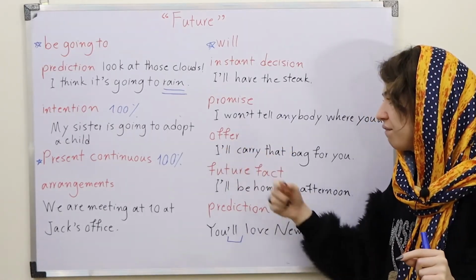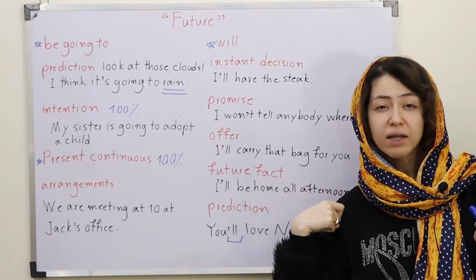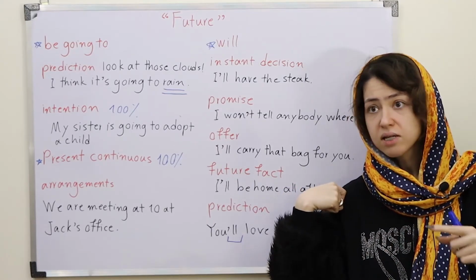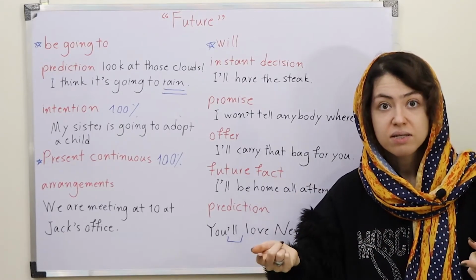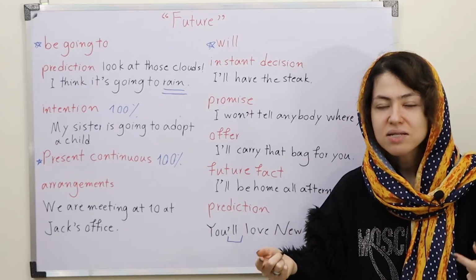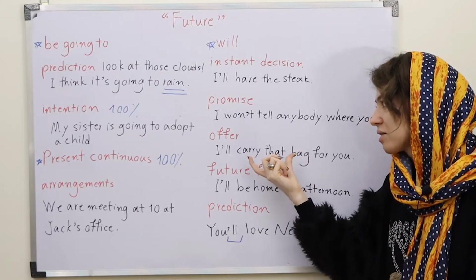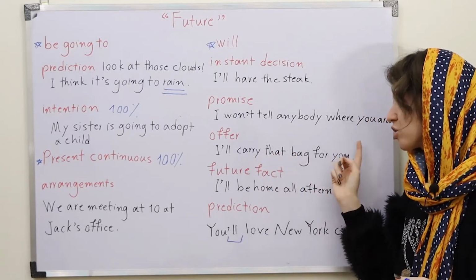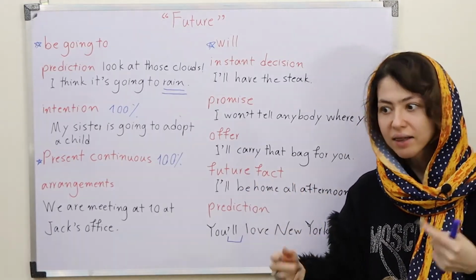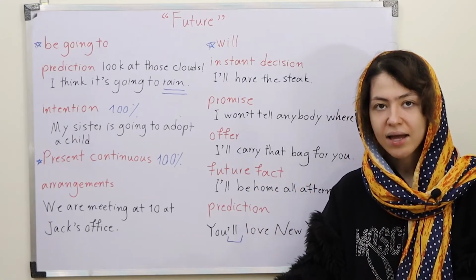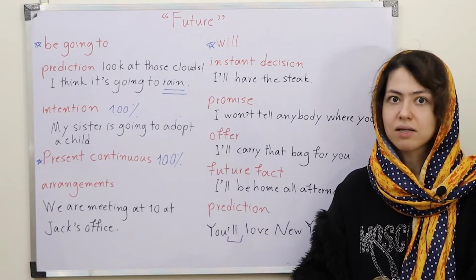And next is offer. I'll carry that bag for you. So my bag is really heavy and somebody sees me and says, okay, I'll carry that bag for you. It means it's a kind of offer. It's like asking, but inside that. It's not a question form, but it's a kind of request. And I would say, of course, I'll be happy like this.